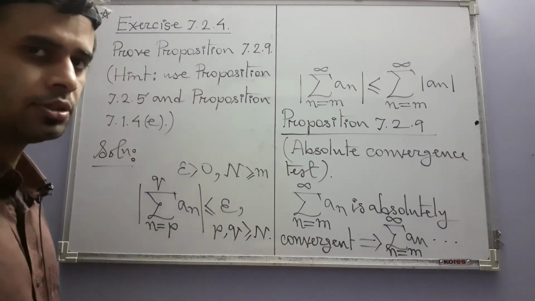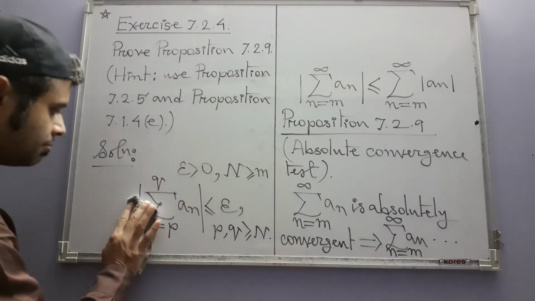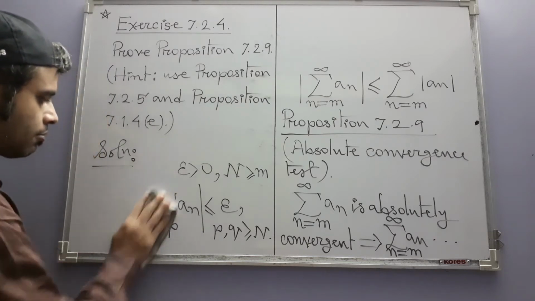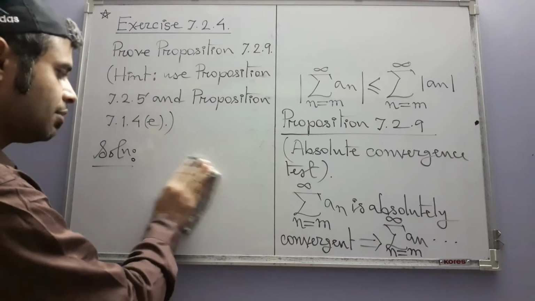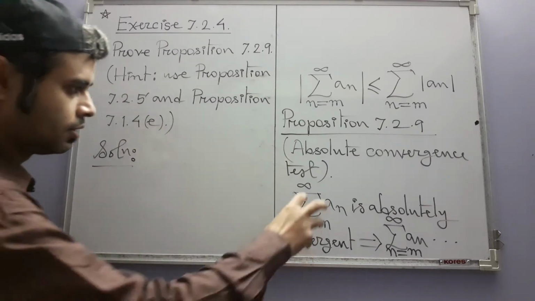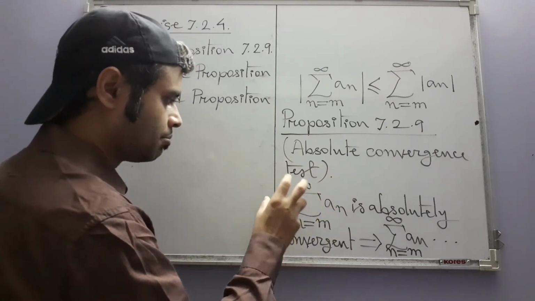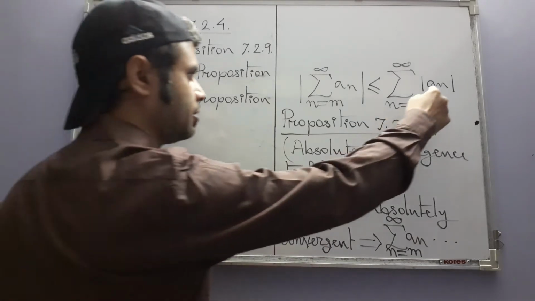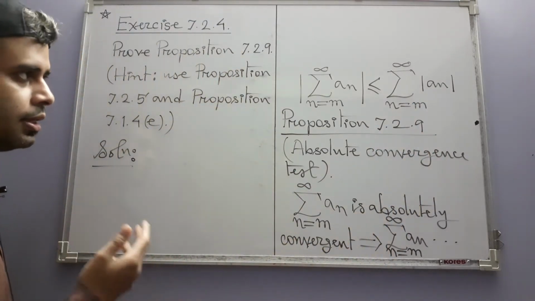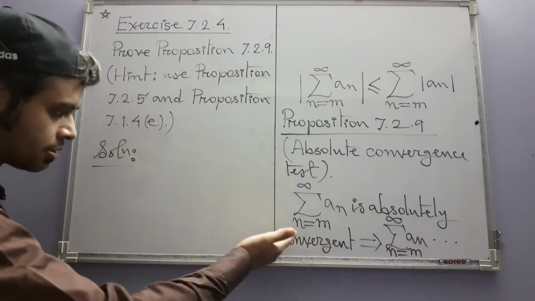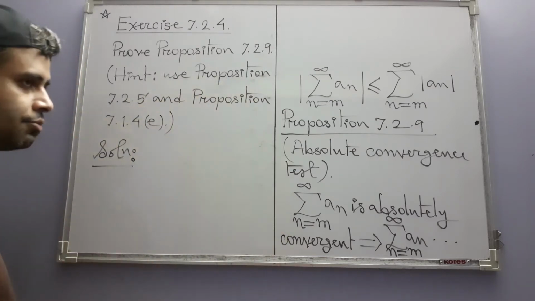We use this immediately in the beginning itself. It's given that this series is absolutely convergent. By definition, that just means that this series on the right hand side is convergent, and its convergence will imply those epsilon conditions by proposition 7 to 5.